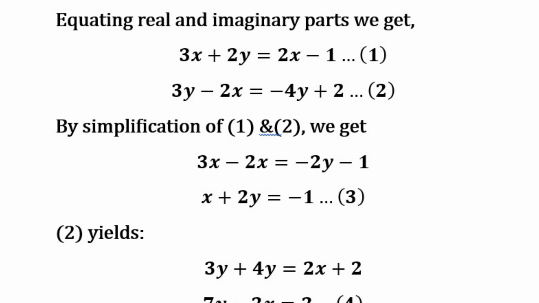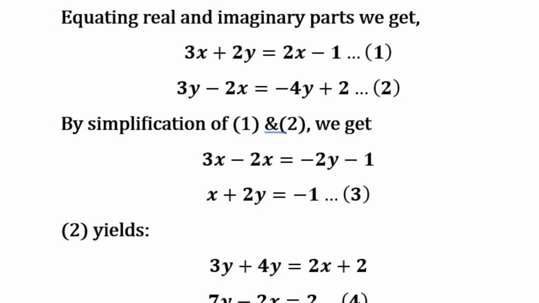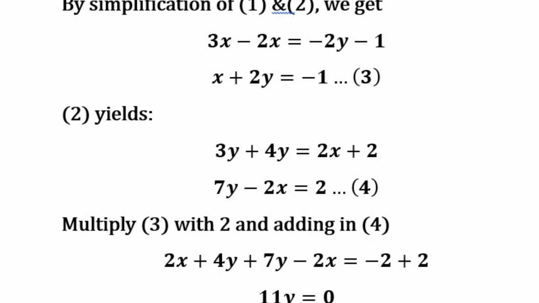We will get 3x minus 2x equal to minus 2y minus 1, which gave us x plus 2y equal to minus 1, named as equation 3. For the imaginary part we will get 3y minus 2x equal to minus 4y plus 2, named as equation 2. By simplification, equation 2 yields 7y minus 2x equal to 2, termed as equation 4.